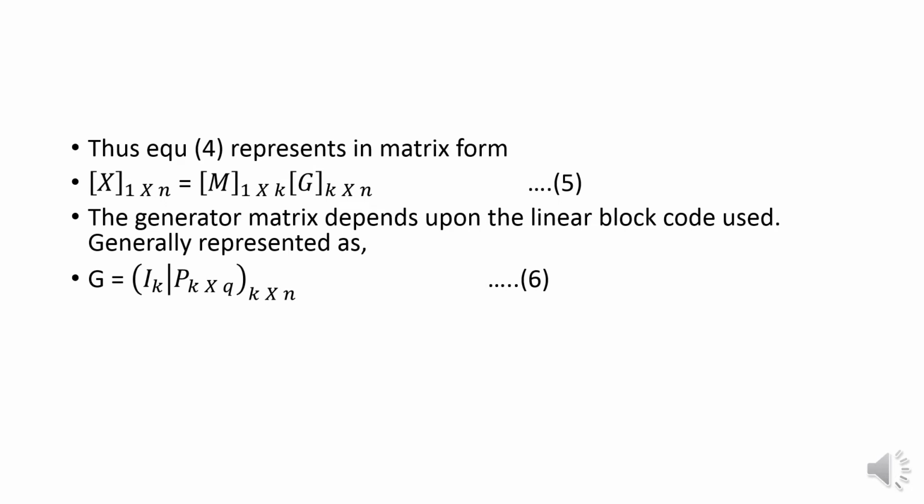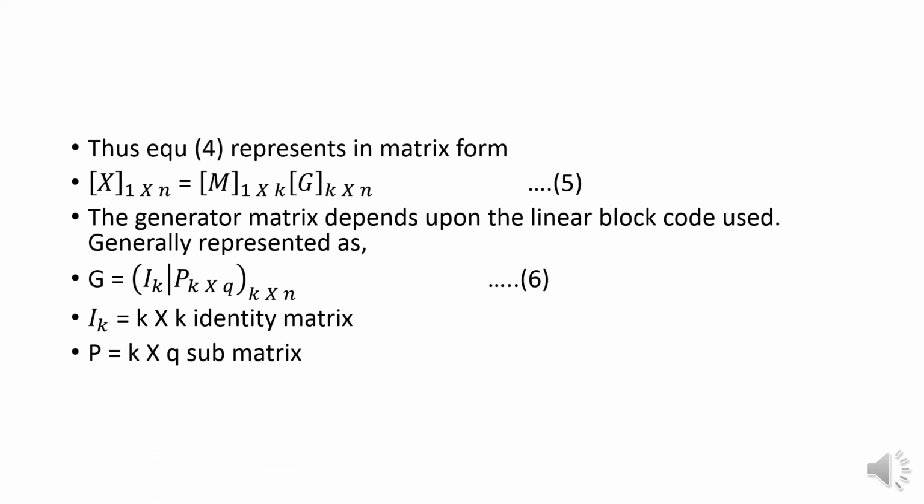We represent the generator matrix as G equals [Ik P], of size k cross n. Ik is the k cross k identity matrix, and P is the k cross q sub-matrix.